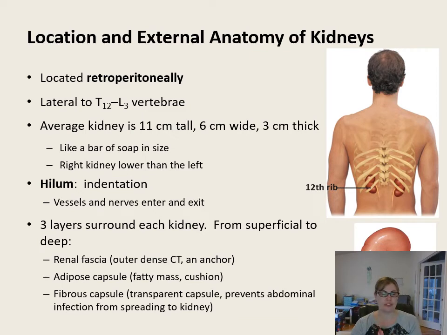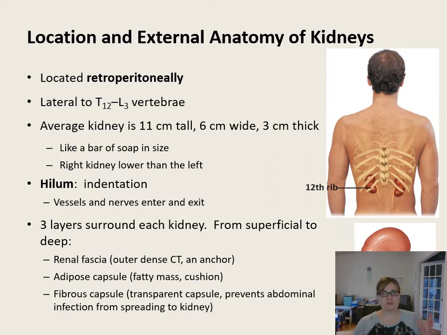And then we have our fibrous capsule all the way on the inside, touching the kidney itself. And that is made, again, of a connective tissue. That capsule prevents kidney infection from spreading throughout the entire abdominal and retroperitoneal areas.